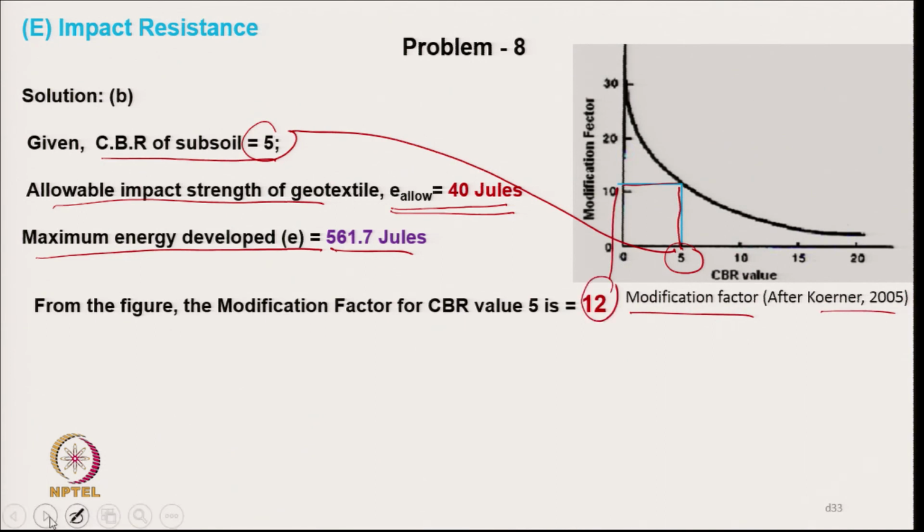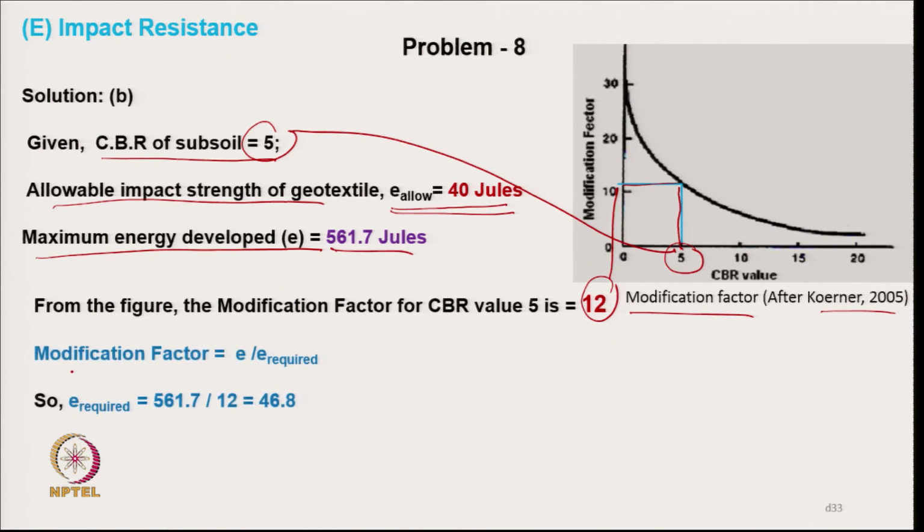And this modification factor equals E by E required. So, E required we have got is 46.8. The maximum energy is 561.7, but due to the modification factor, due to the soft subsoil, the actual impact resistance required will be reduced to 46.8.